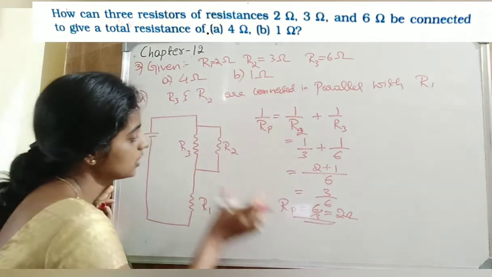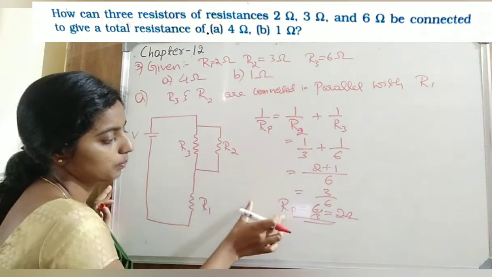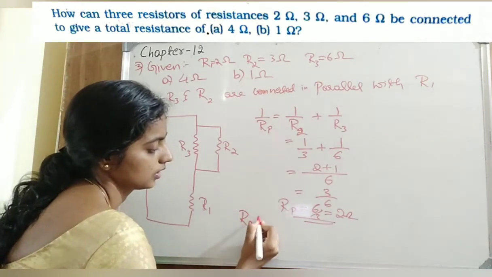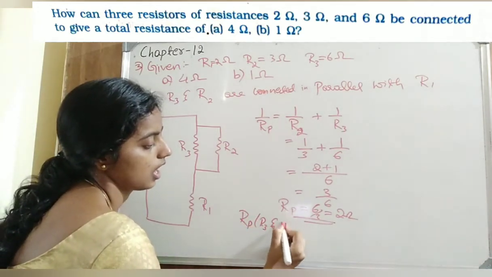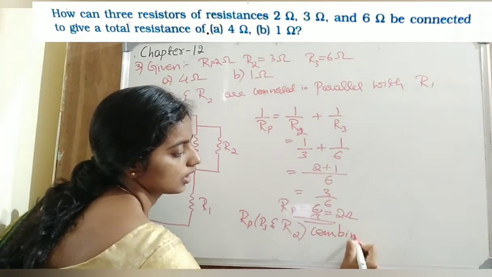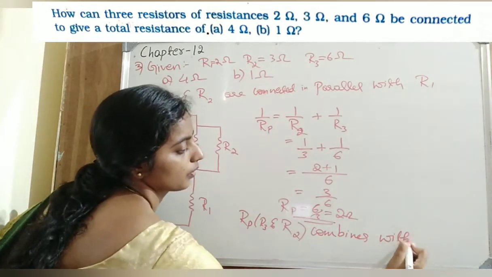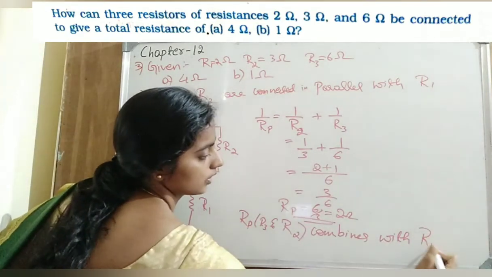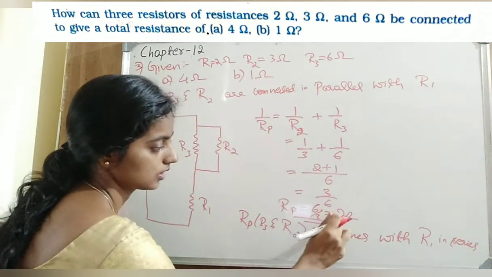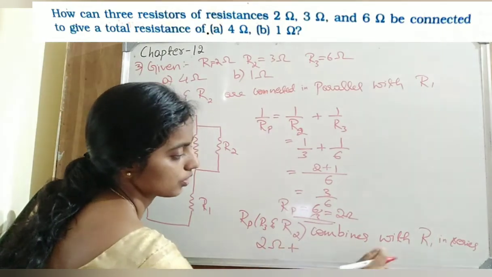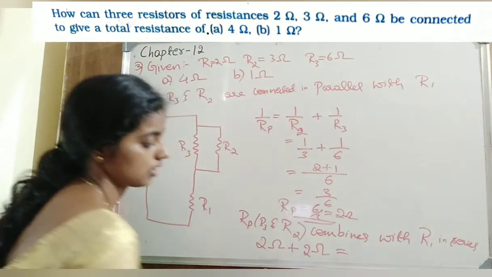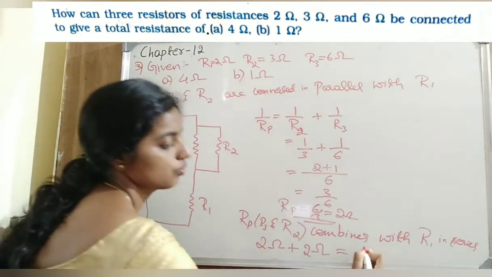So here what we need to do is this answer, that is Rp, that is R3 and R2, combines with R1 in series. So what happens? This is 2 ohm plus what is the value of R1? That is 2 ohm. So what is our answer? 2 plus 2, 4 ohm.